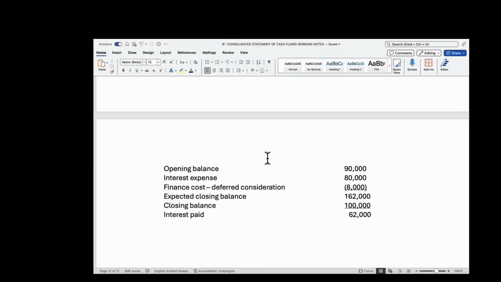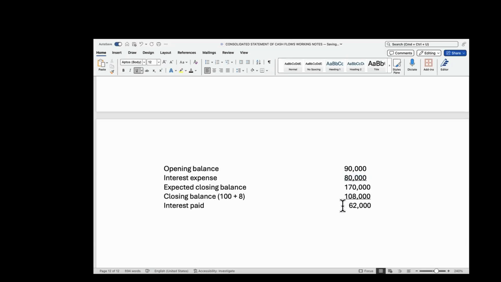Or if you don't understand this, you can still do it like this. You can do 170. Then the closing balance will be that 100 plus 8. The 8 of the deferred. So this will be 108.